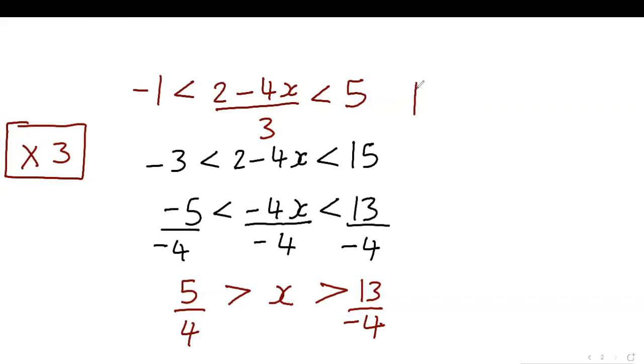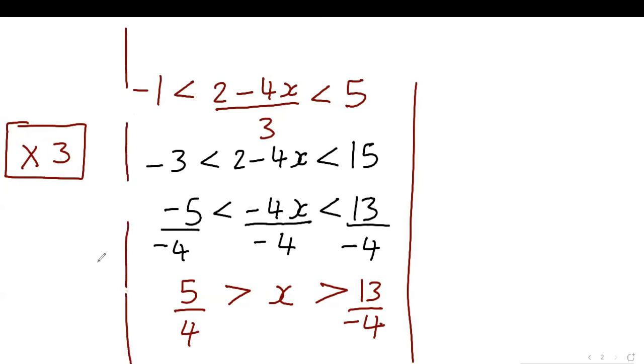All right? We flip. Now you're wondering, why did I flip the inequality sign? Just as a side note, look at this for me. I can tell you that 3 is less than 5, right? We all know 3 is less than 5.